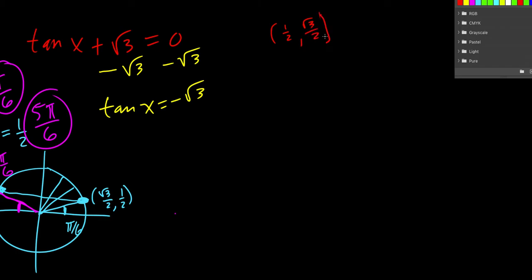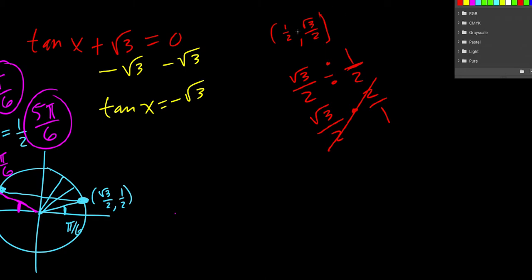And we want the one that gives us, it's y over x. So we're looking for this one, because if we went square root of 3 halves divided by 1/2, that's going to flip upside down, and the 2's would cancel.